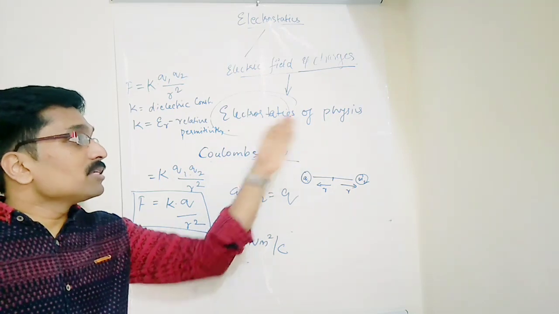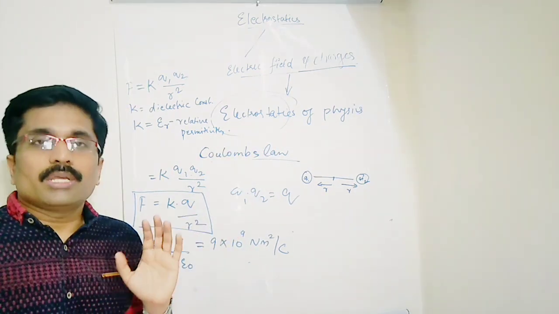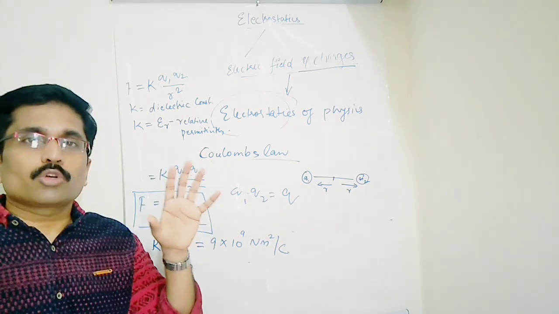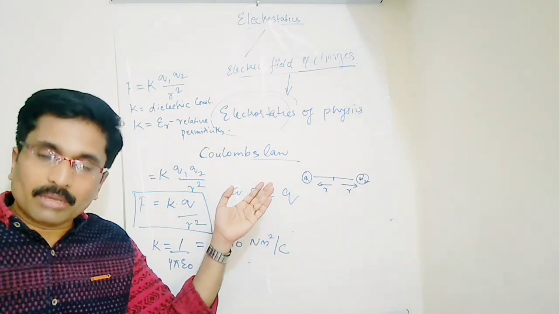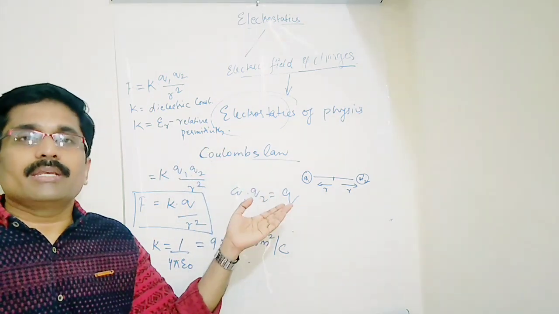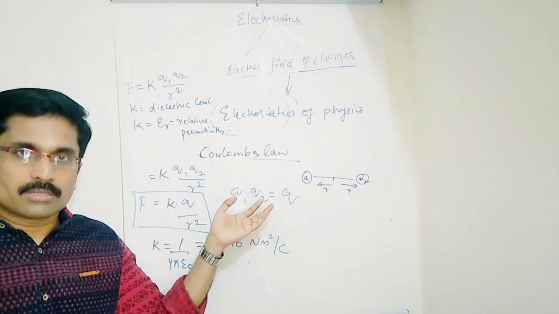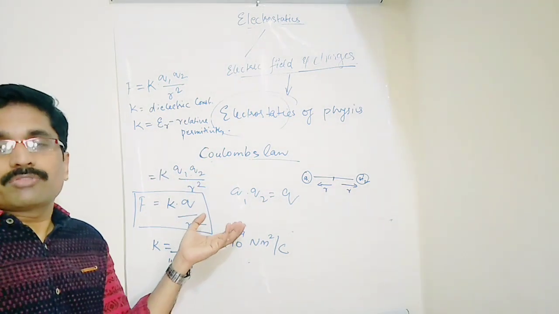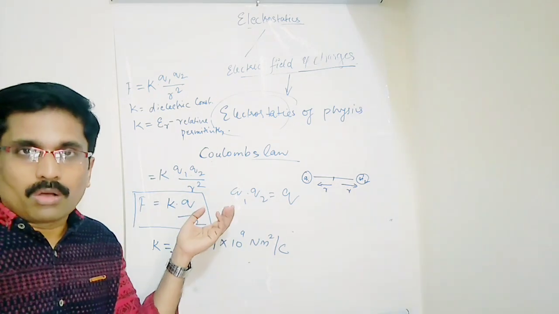Then we discussed what a charge is, and we know charge is the property of matter which creates an electromagnetic field, and these charges are positive and negative, carried by protons and electrons. Fine. Then we came to the discovery of charge, or the law of charge, and it was done by Coulomb's law.